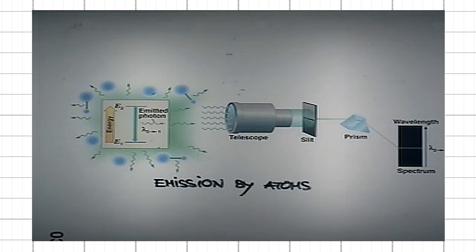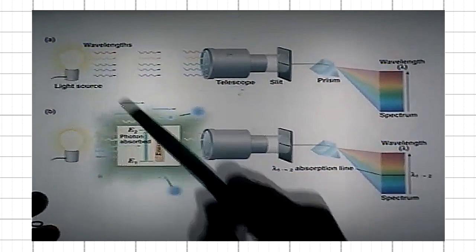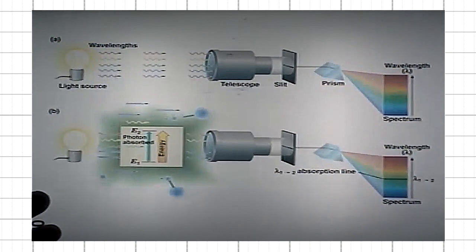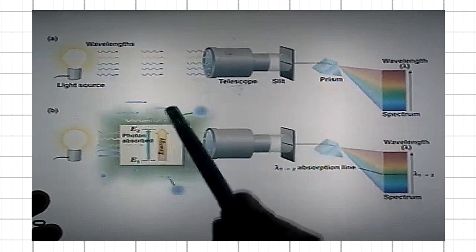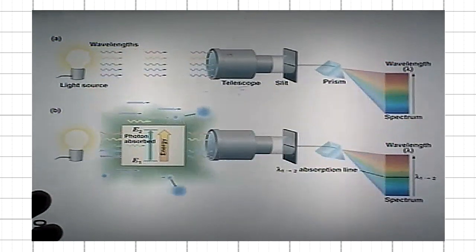The opposite process is illustrated here, and you can do that not just with a starlight, but with any light. You have a light source that emits the light of all possible wavelengths, from blue or violet to red.